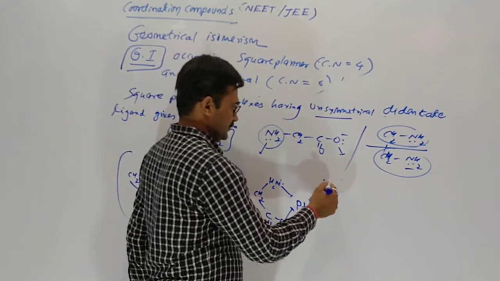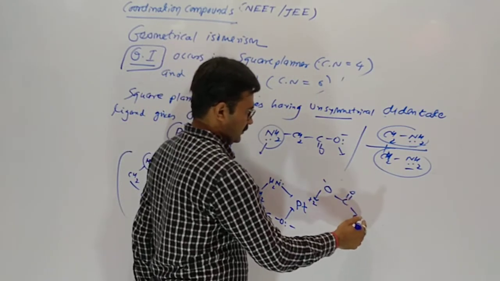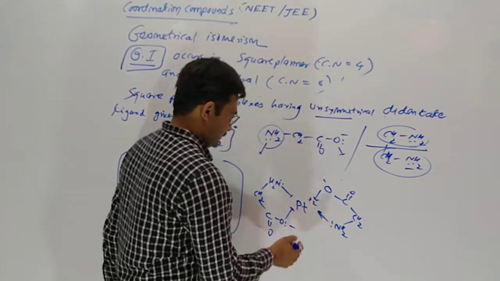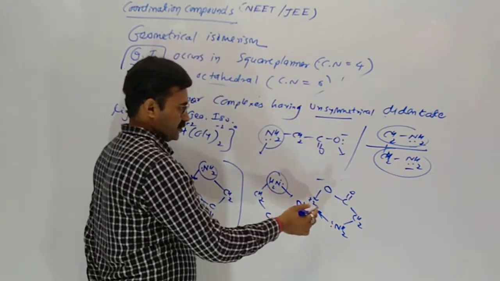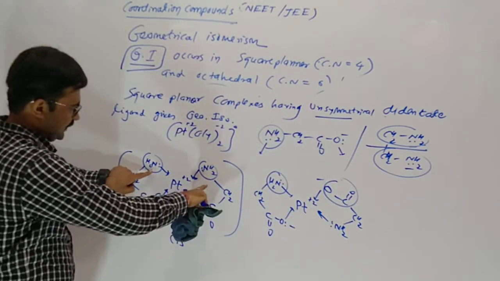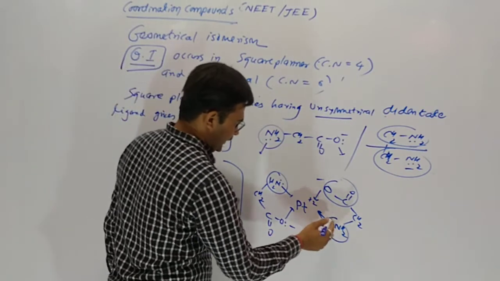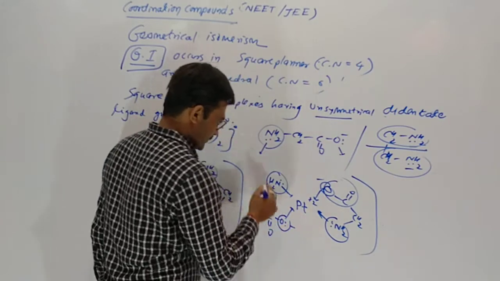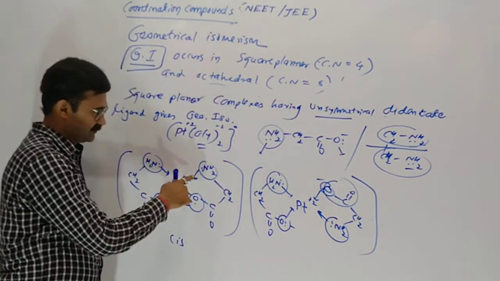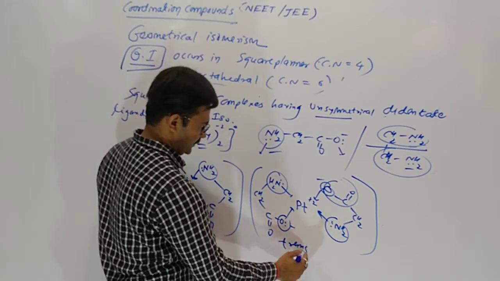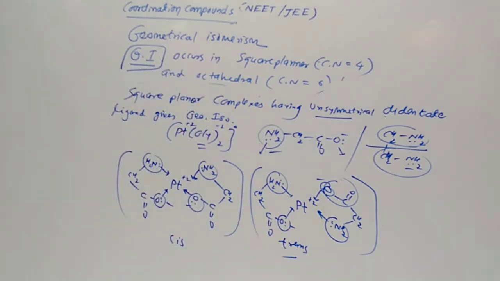Here is the NH2 group, here is the COO group. You can see the side is changed. Here two nitrogen are opposite, two oxygen are opposite. So whenever a didentate ligand is non-symmetric, it gives cis and trans types of isomers.